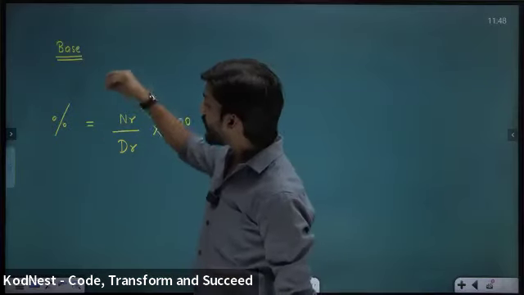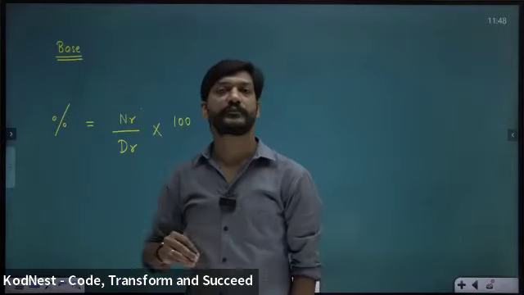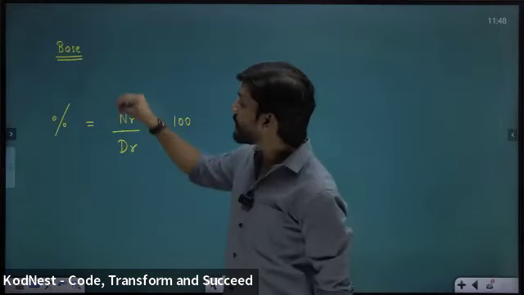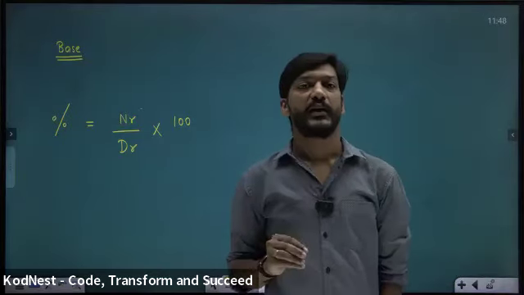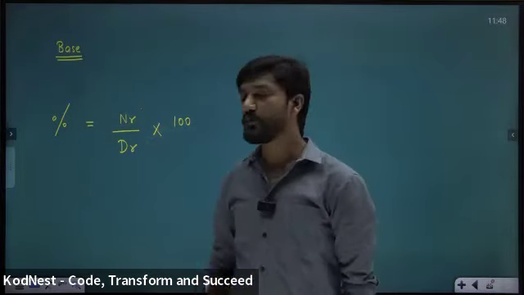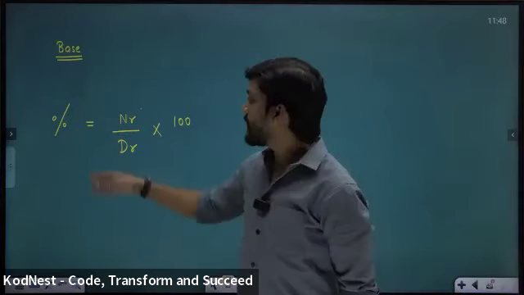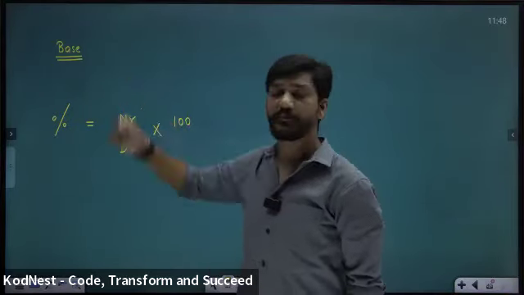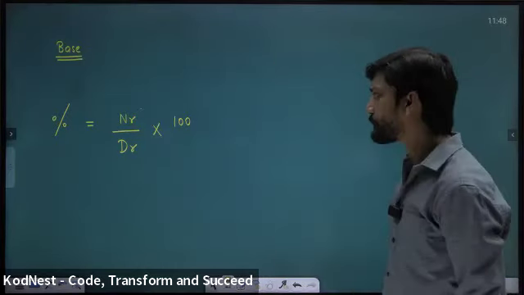Percentage discount, discount in rupees is the numerator. Percentage error, error is the numerator. Percentage increase, increase is the numerator. Percentage decrease, decrease is the numerator. Percentage reduction is the same as increase, decrease.